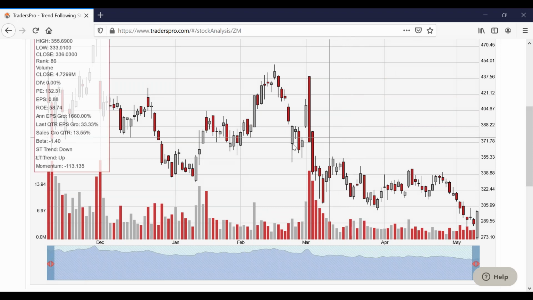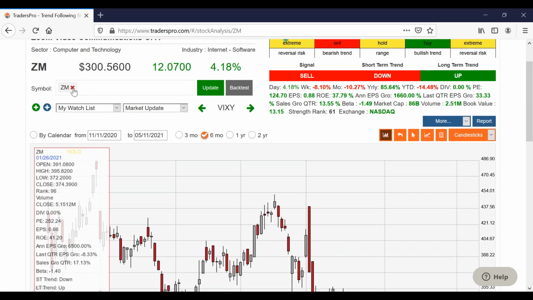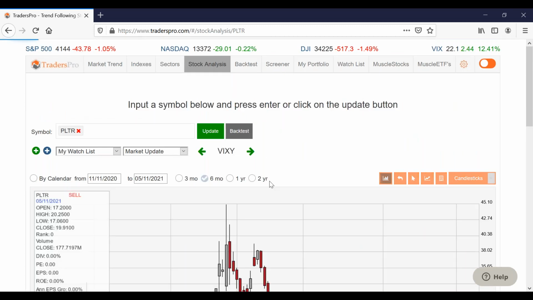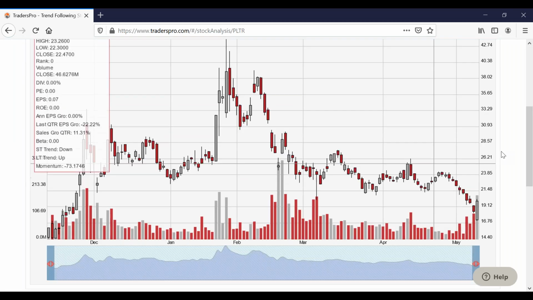Here's one on Palantir. Again, it had the drop, opened lower today. Now, this had an earnings report out last night, what is a pretty favorable earnings report.